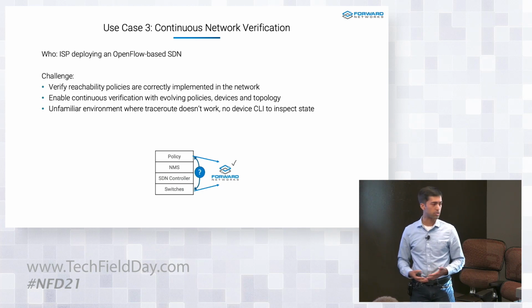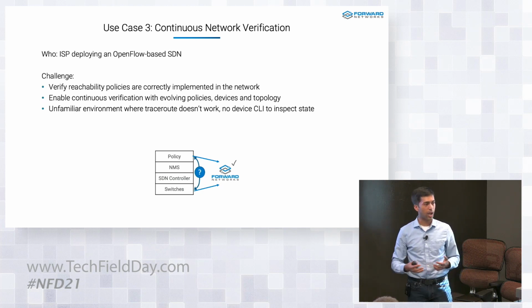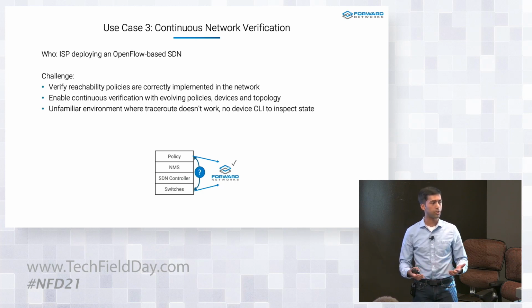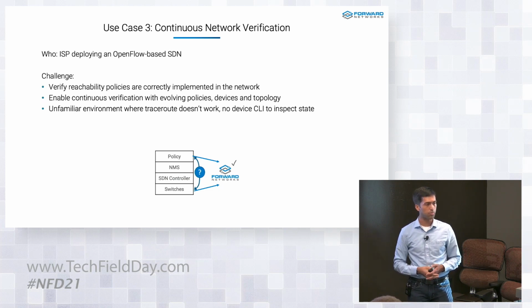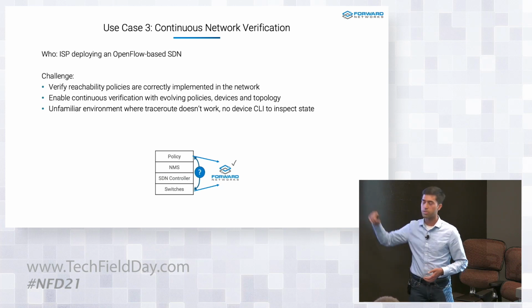It's not going to respond to simple traceroute and ICMPs. Similarly, the devices don't have a well-defined CLI. They often operate with binary protocols to get messages from the controller and program the devices. So they wanted to leverage the Forward platform to get a unified view across all their devices to perform this continuous verification in this network.